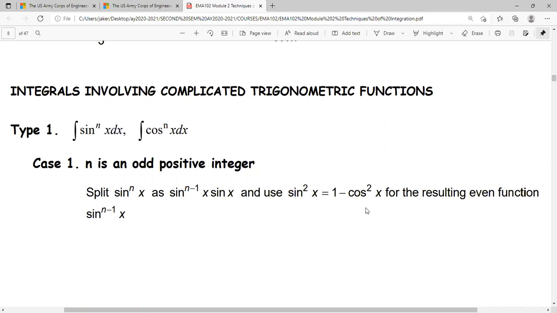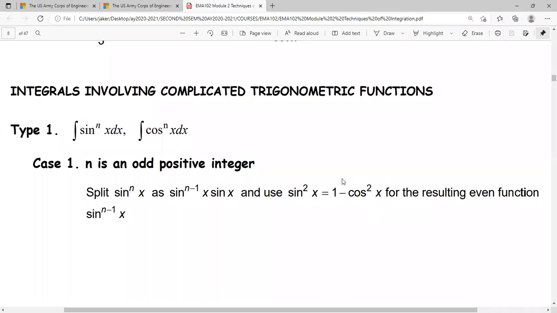So we will use this transformation after you have already split your sine or your cosine function into one that contains a sine and the rest is raised to an even exponent. I'm saying even because once you already took the sine function, let's say, for example, from a sine cube, what remains is a sine squared. And that sine squared should be changed to 1 minus cosine squared of x.